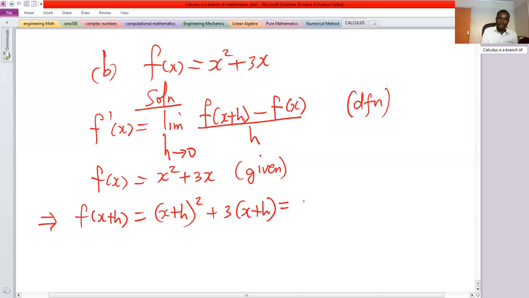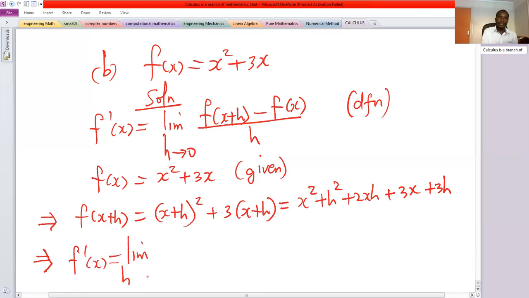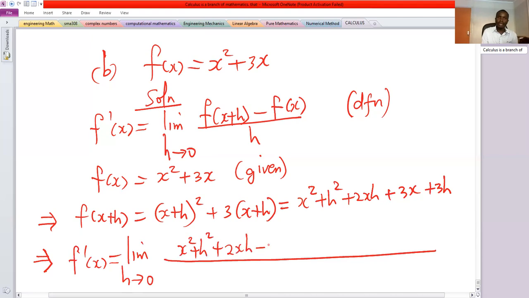When you simplify, you get x squared plus h squared plus 2xh plus 3x plus 3h. So then, replacing back, f prime of x will be the limit as h approaches 0 of x squared plus h squared plus 2xh plus 3x plus 3h.